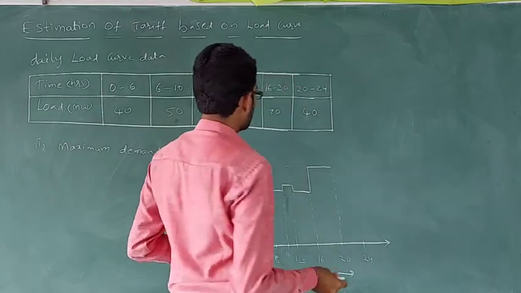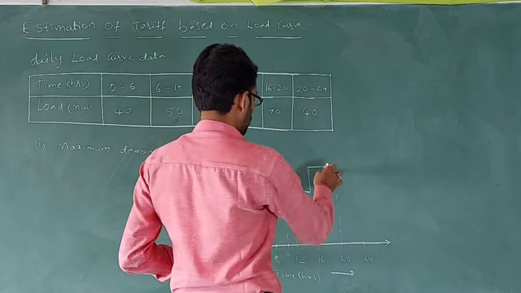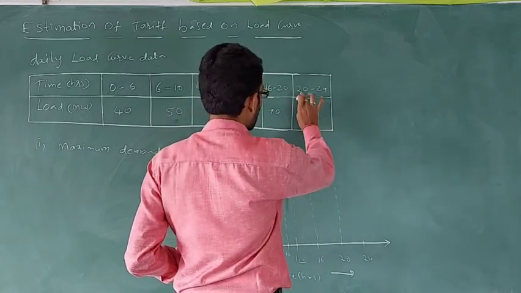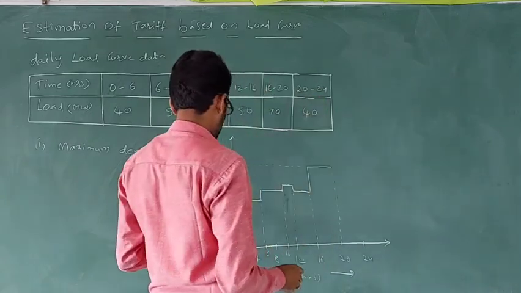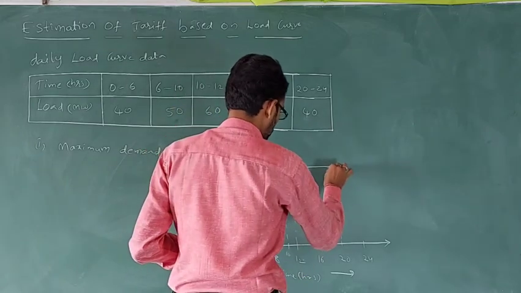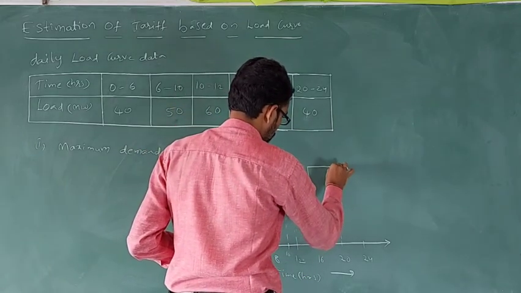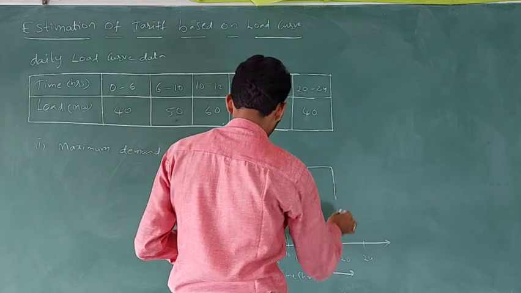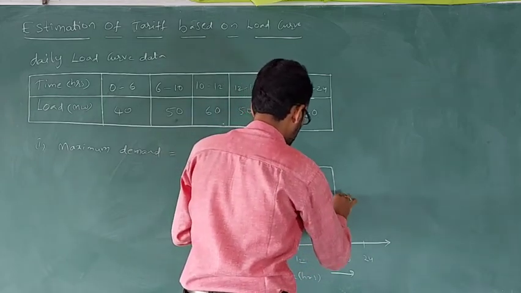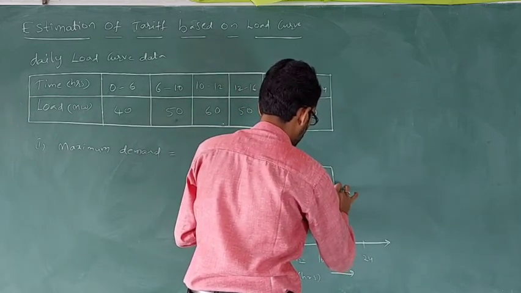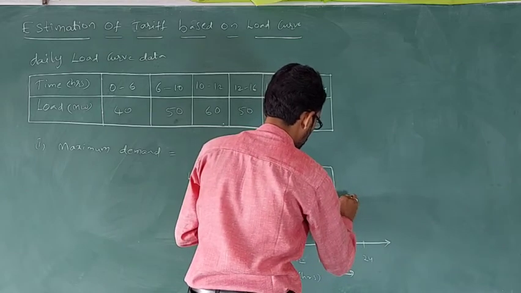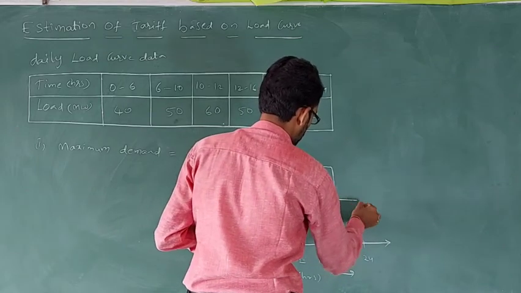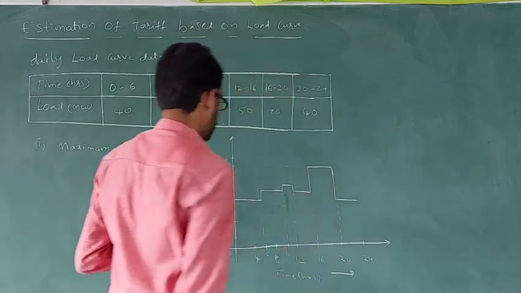Up to here it is 20, and the load is 70 megawatts. Again from 20 to 24 hours the load is 40 megawatts. So, the load is decreased to 40 megawatts, and it is up to 24.